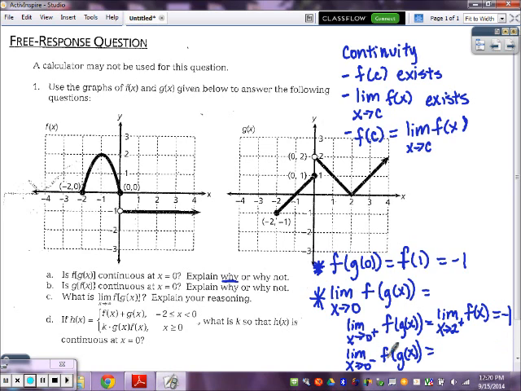Okay? So same process, but from the left. The inner function g of x is approaching 1 as x approaches 0 from the left. So I would modify my limit to be as x approaches 1 from the left of f of x, and 1 from the left of f of x, which is over here, would be -1.